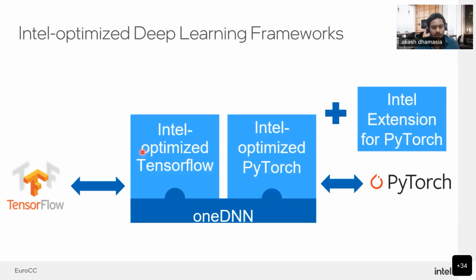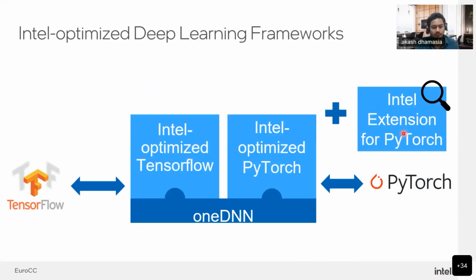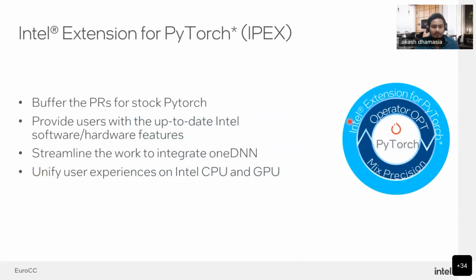So I talked about the Intel optimized TensorFlow, Intel optimized PyTorch, and also Intel extension for PyTorch, which are basically using oneDNN in the backend to do all the optimizations. So let's talk about what Intel extension for PyTorch is. It is basically providing you what is missing in the latest version of PyTorch.